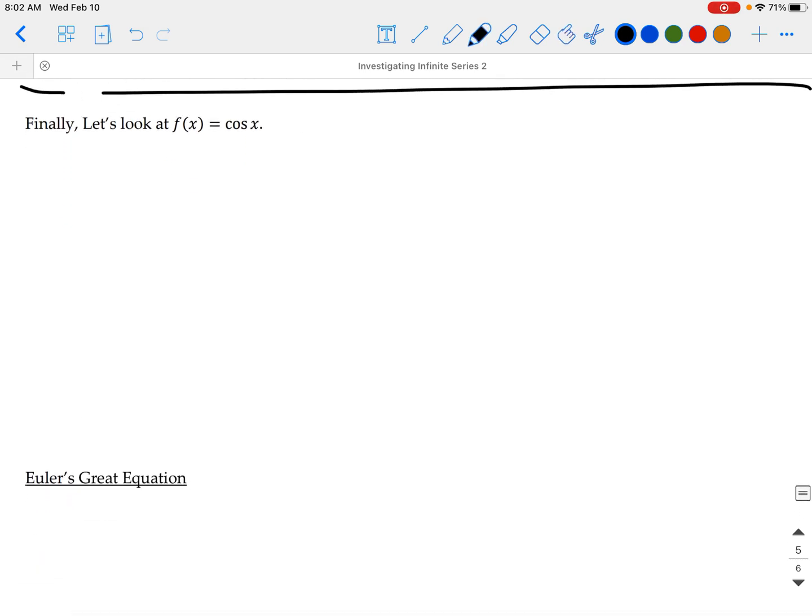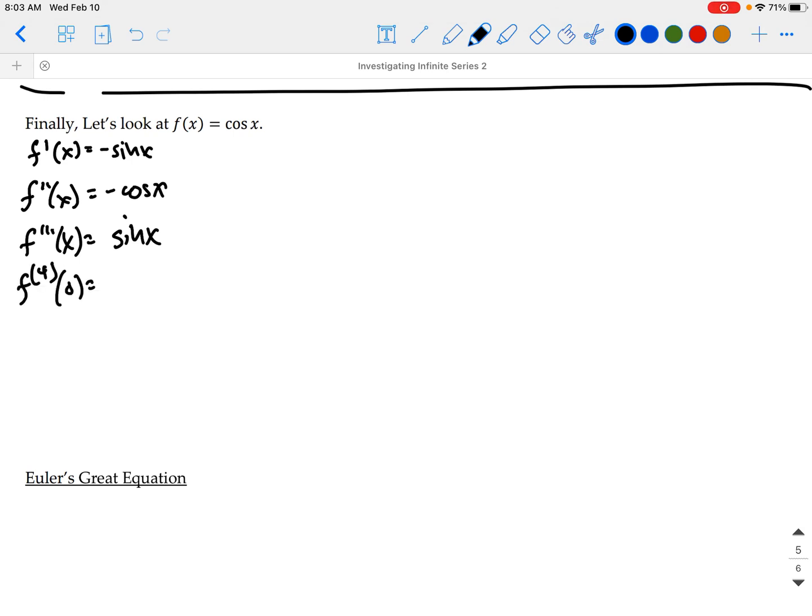And then finally, we'll look at cosine of x. So again, we can look at derivatives of cosine. Negative sine, negative cosine, triple prime will be sine, and then going to be cosine. And so we'll see similarly, I'll note f of x is cosine here.